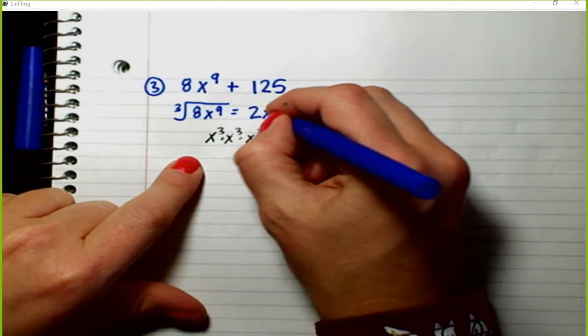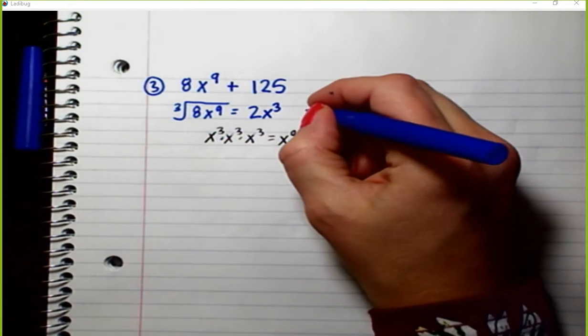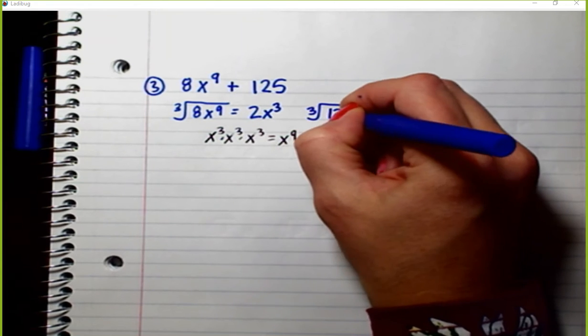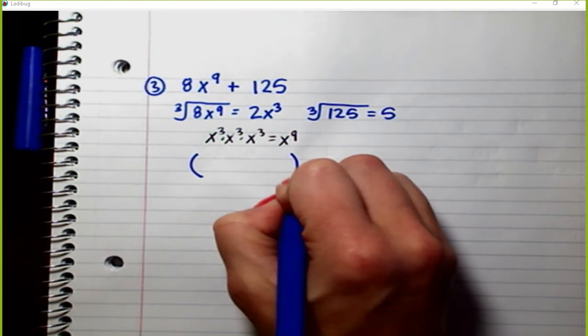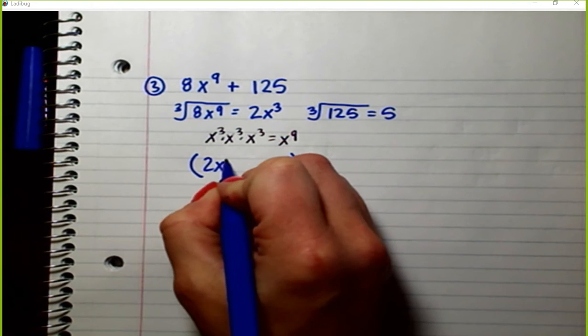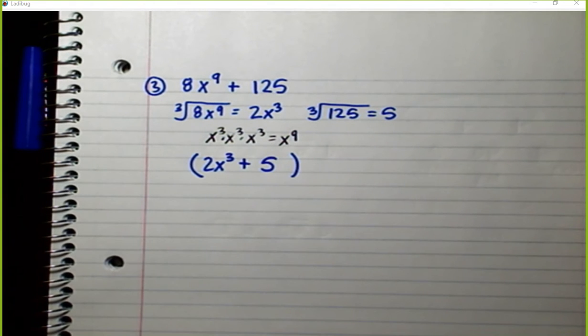That means that the cube root is x cubed, right? Cube is multiplied 3 times. The cube root of 125 is 5. So my first factor is this. Everything else is built off of the first piece.